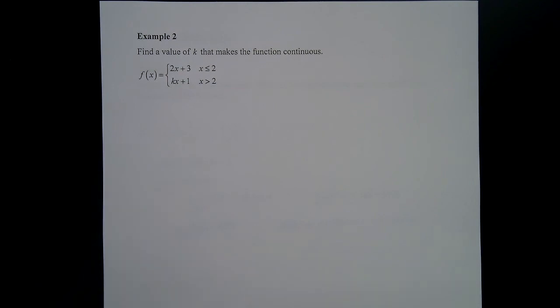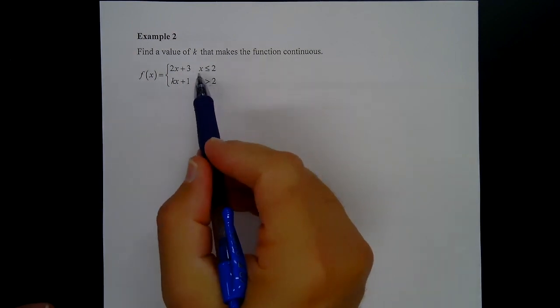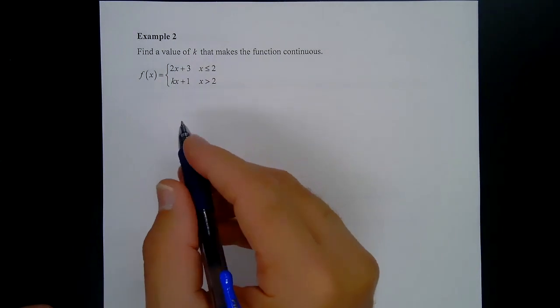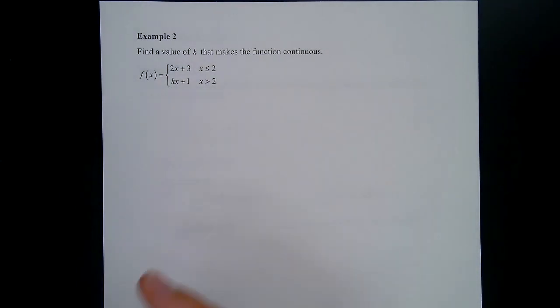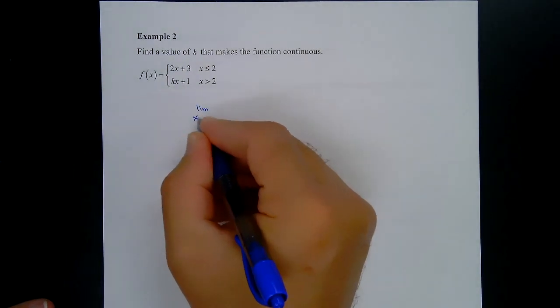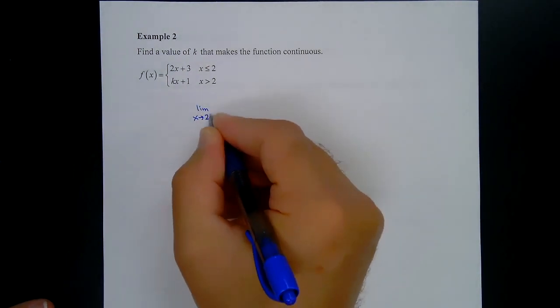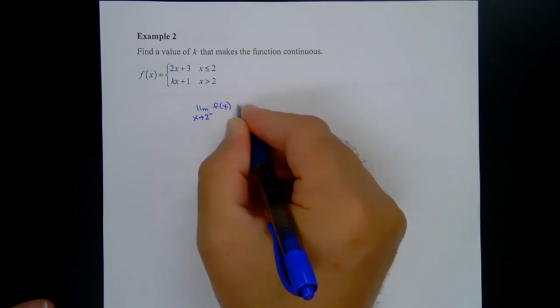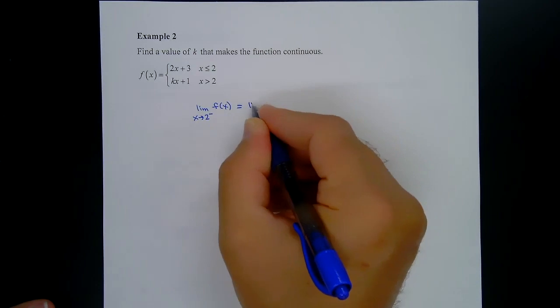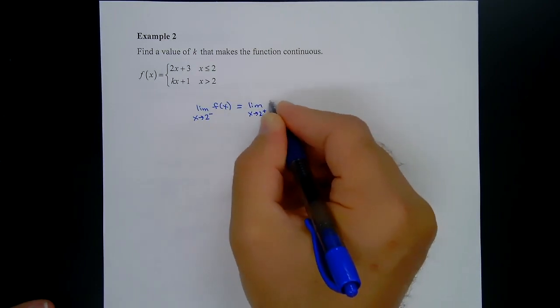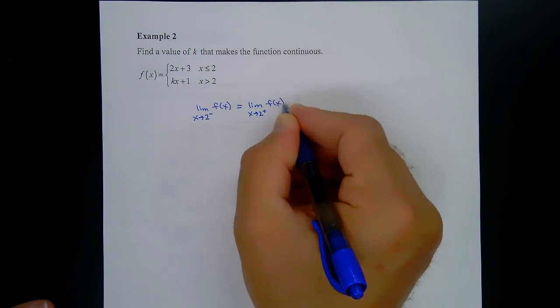In other words, the two one-sided limits have to be the same. So as we approach x equals 2, because that's where it switches, that limit has to exist. And so we would have to have the limit as x approaches 2 from the left of f of x equal the limit as x approaches 2 from the right of f of x.